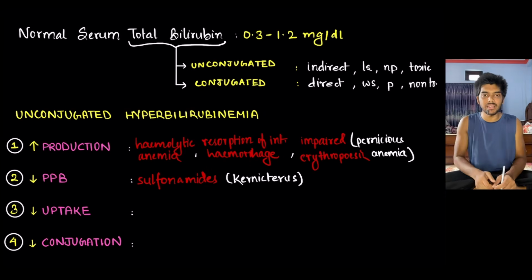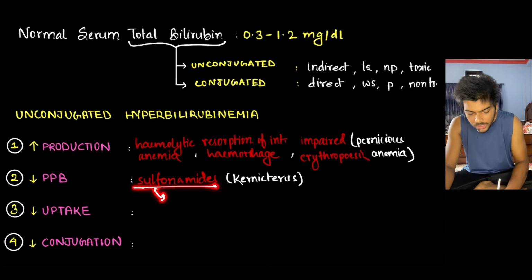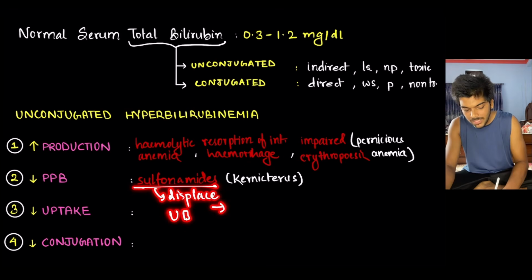This is kernicterus. Once more. What will sulfonamide do? It will displace unconjugated bilirubin. So now there is an increase in the level of free unconjugated bilirubin.